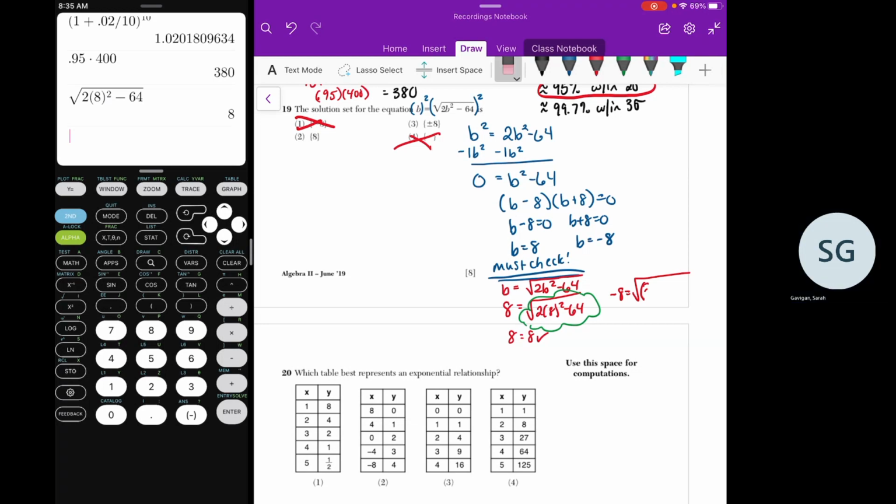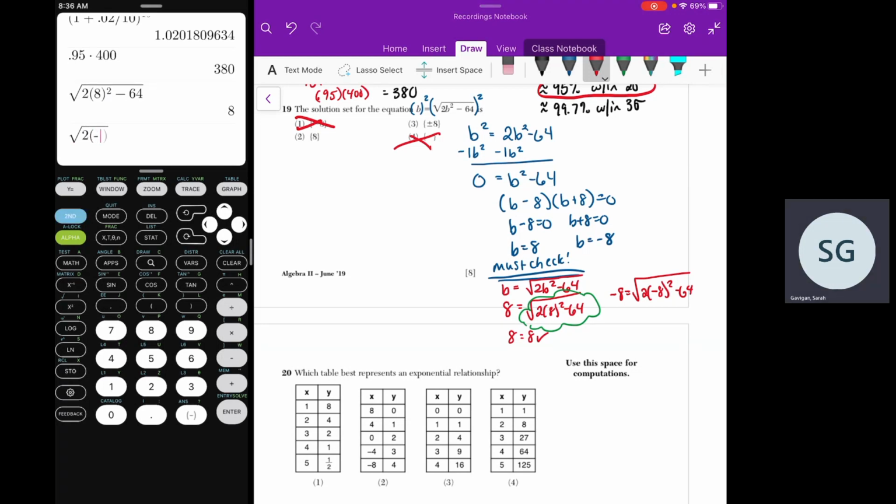That's 2 times, you need parentheses around that negative 8. So when I type that in, 2 parentheses, negative 8 squared minus 64. Whoops.